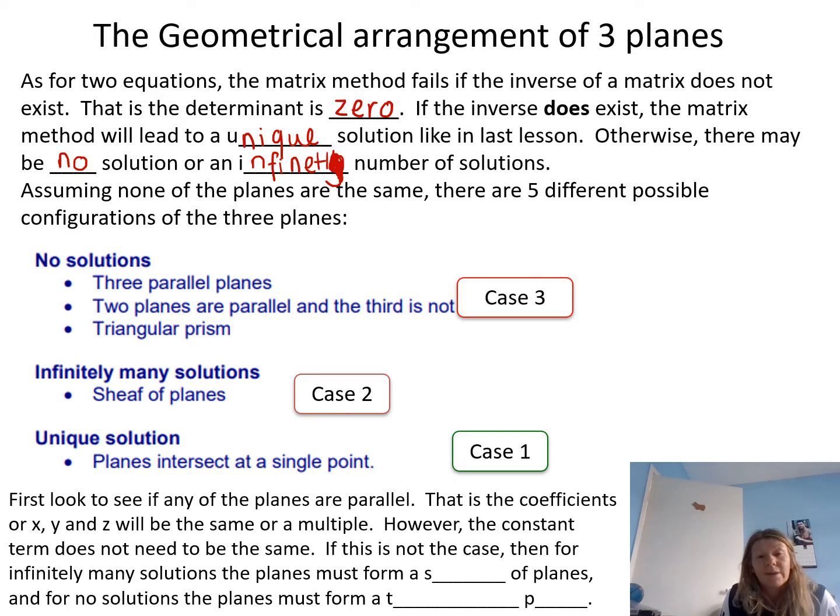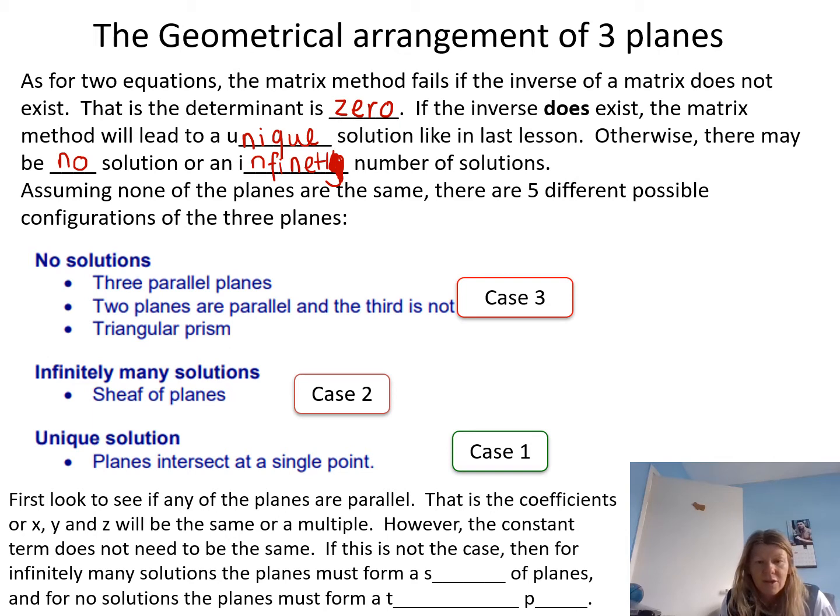There could be, case 2, an infinite number of solutions, and this is called a sheaf of planes. All 3 planes meet in a line. You'll see pictures in a minute. Or, as in last lesson, we had a unique point where the planes all intersect at a single point, and we saw pictures of that last lesson. Our first job should be to look to see if any of the planes are parallel.